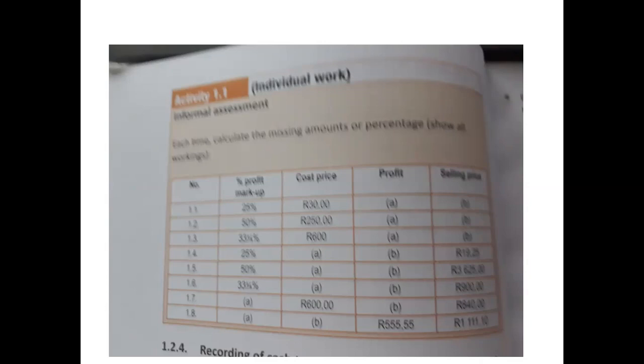And then to get the profit percentage, you're going to take the profit amount of 400 Rand divided by the cost price of 600 times 100, because you want to calculate a percentage. So that gives you then 66.6%. So that is your profit percentage.